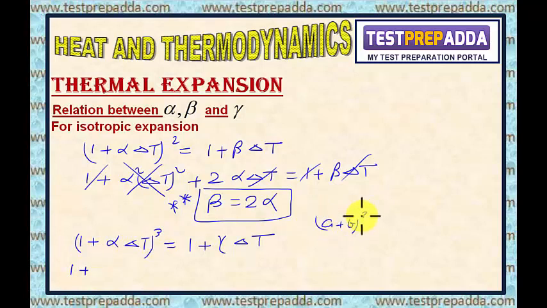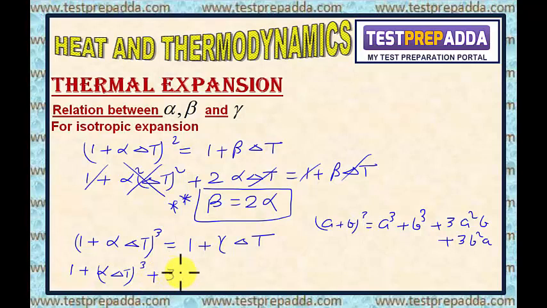We know A plus B cubed is equal to A cubed plus B cubed plus 3A squared B plus 3B squared A. So it will be 1 plus alpha delta T cubed plus 3 alpha delta T squared plus 3 alpha delta T is equal to 1 plus gamma delta T. Now 1 will get cancelled, and alpha squared and alpha cubed can be neglected here because the value of alpha is very small.